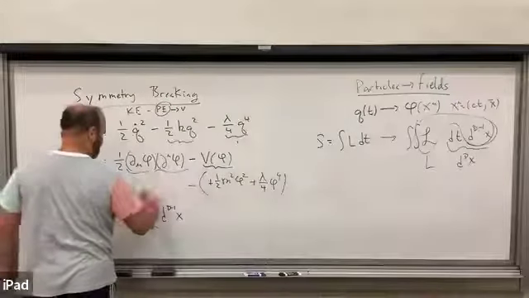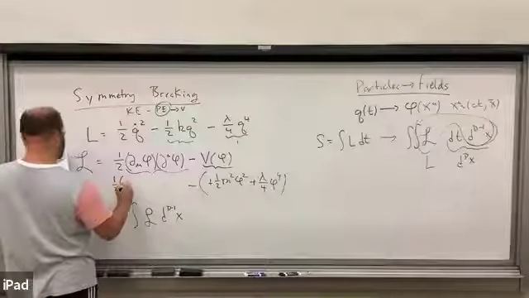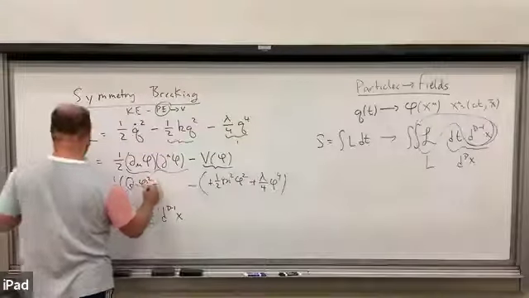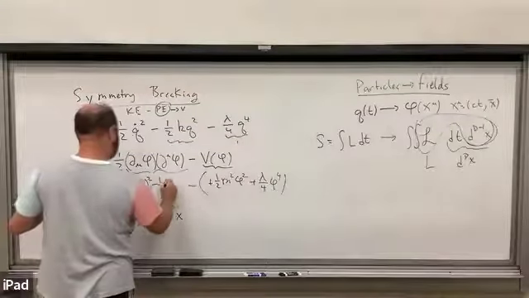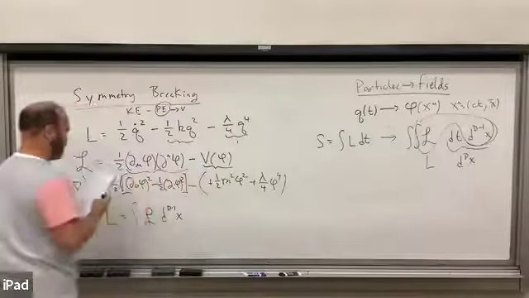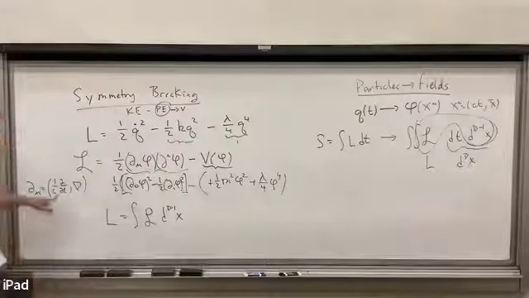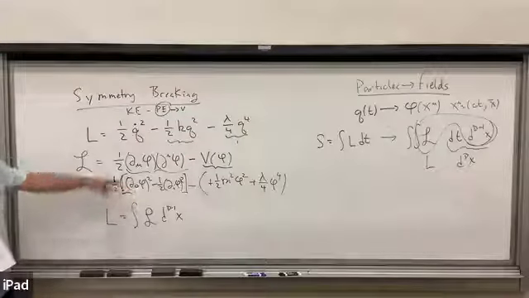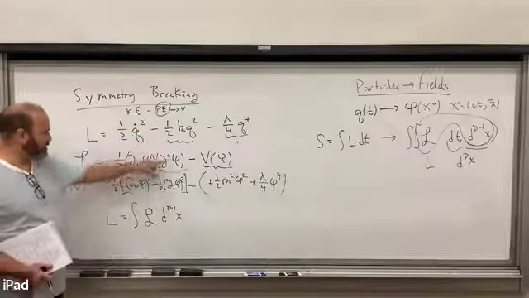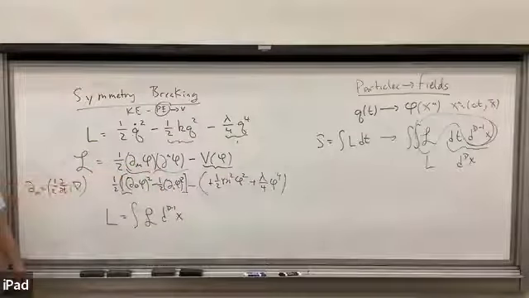This is going to be 1/2 times the time derivative squared minus 1/2 times the spatial derivative squared, and then close brackets. So I'm expanding this out. With this relativistic notation, 0 means the time derivative, actually 1 over c times the time derivative, and when mu is equal to i, that represents the spatial derivatives.